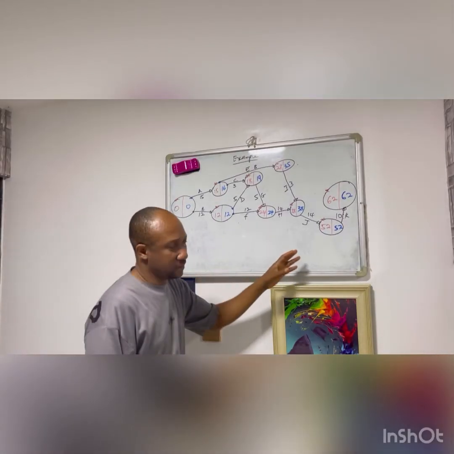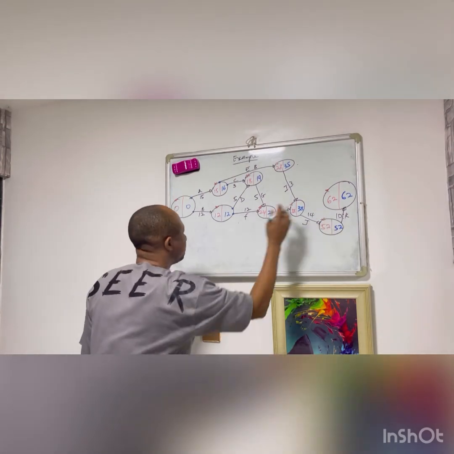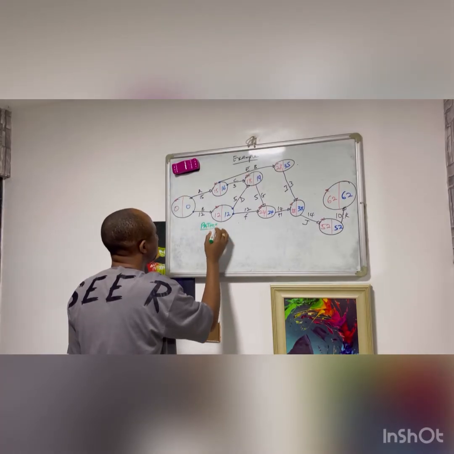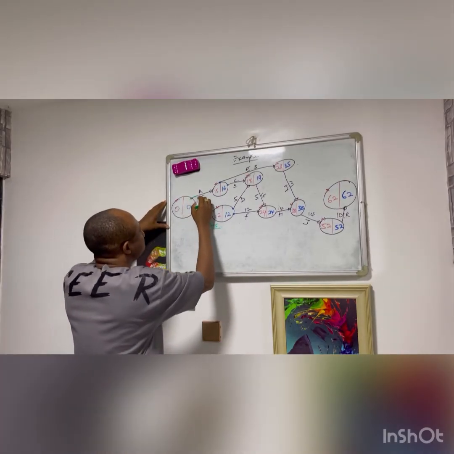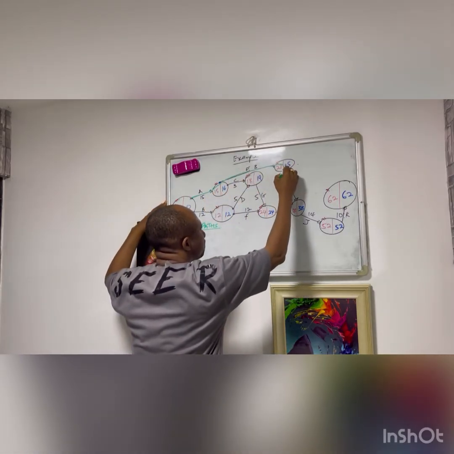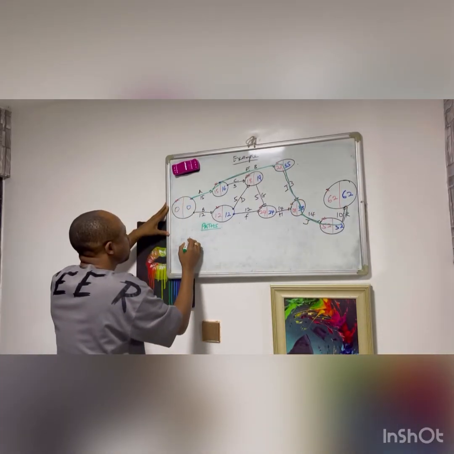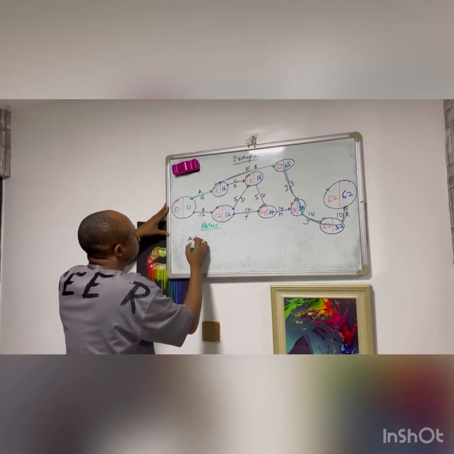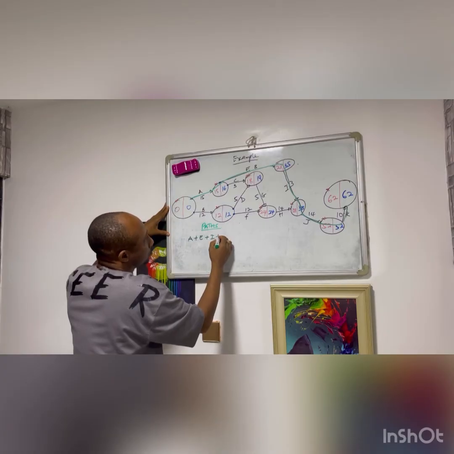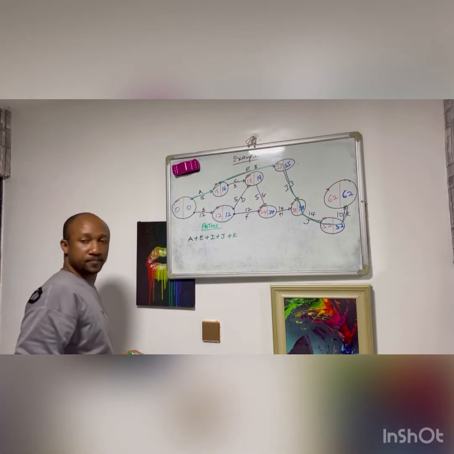Having done the forward and the backward pass, I can now look at the different parts that are involved in this model. I can have this part, goes like this, comes here, comes this way, and then here. So that's A plus E plus I plus J, then plus K. That is one part.